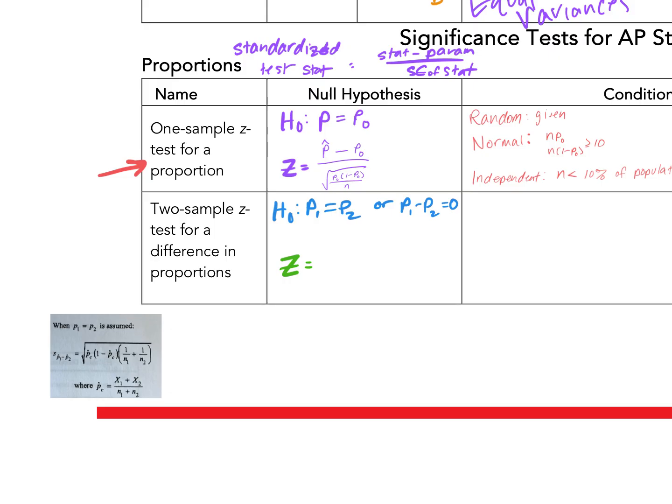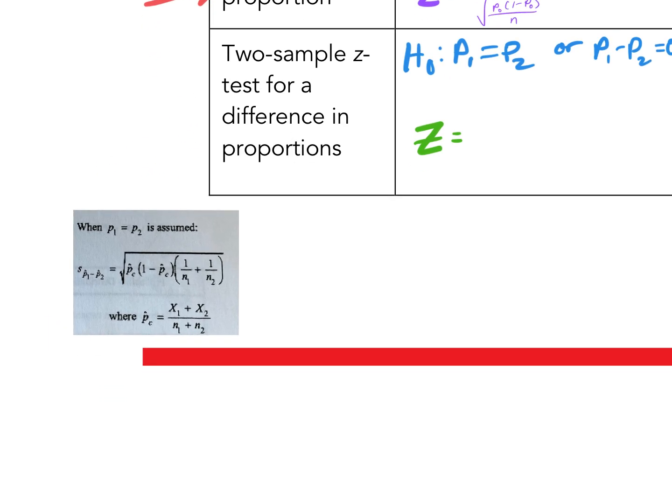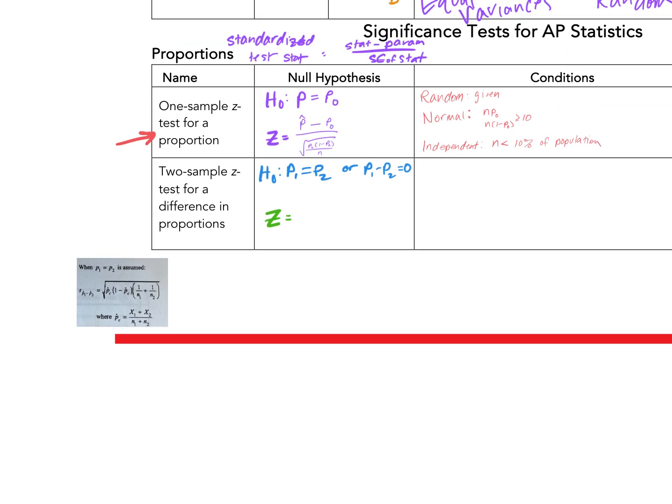Okay, so, but you'll see that it says when P1 equals P2 is assumed, we use a different standard error formula. We use this one. Is everybody seeing it? Okay, and notice that this is where you can see that combined P hat formula and how to find it.